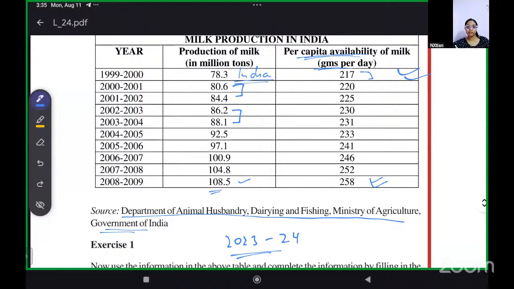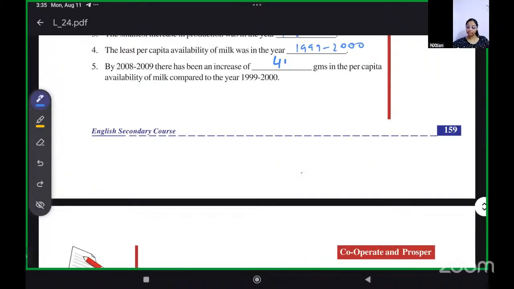I didn't consider 2024-25 because it is still going on, so there will be more milk production and we are not very certain for 25 yet. So check out 2023-24.